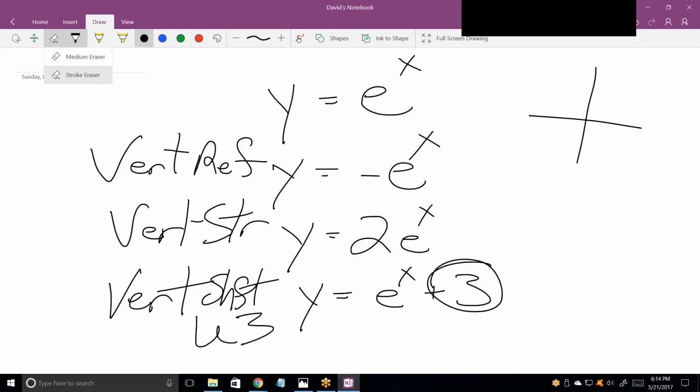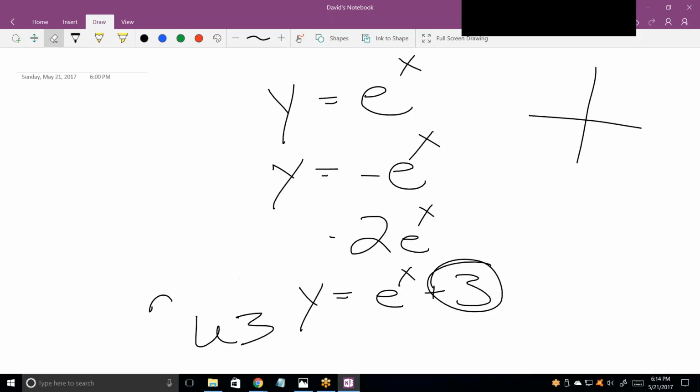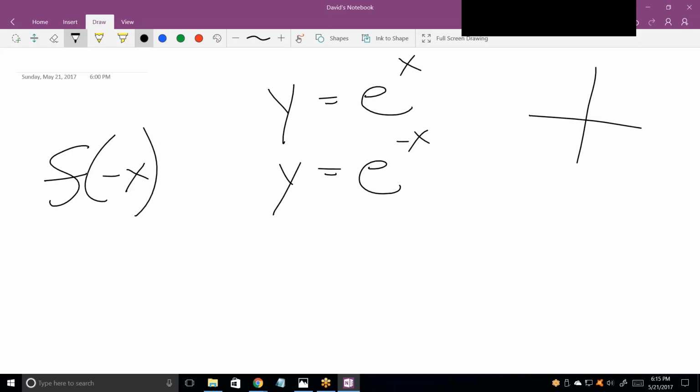Now, let's talk about horizontals. That is the equivalent. Notice why that is inside the function. Because the negative sign, that's f of negative x. When I say inside the function, that's what I mean.